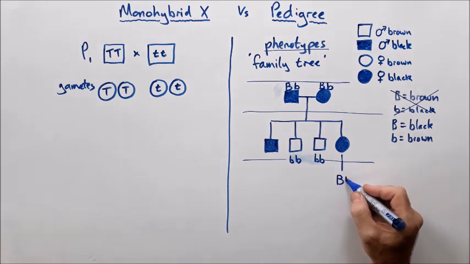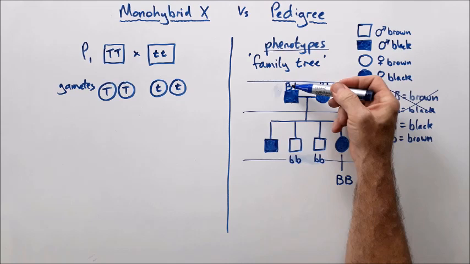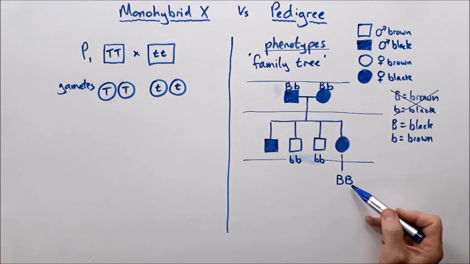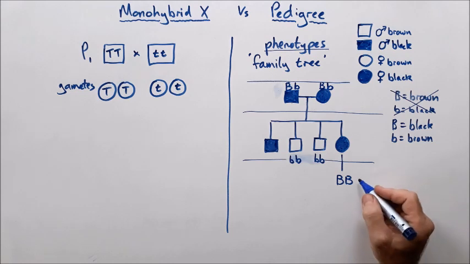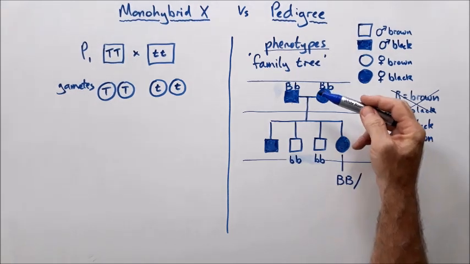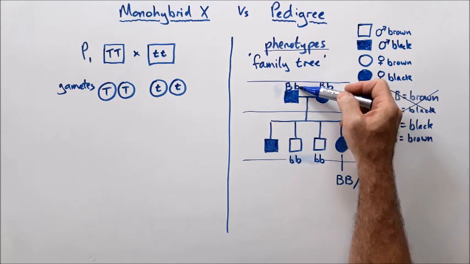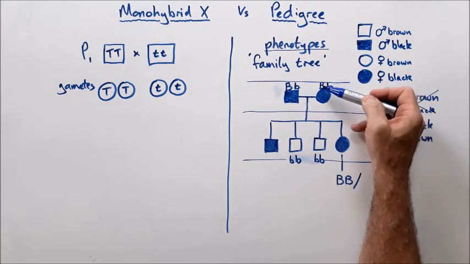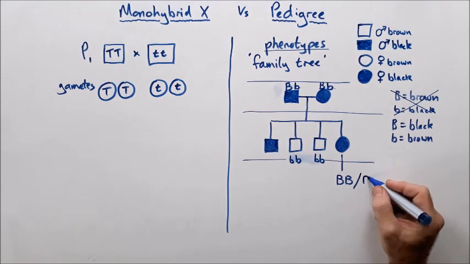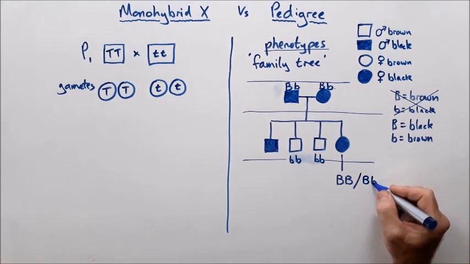That one could be big B, getting a gene from dad and a gene from mom. So she is homozygous black, but she could also be heterozygous. There's nothing to say that she didn't get the small b from dad or the small b from mom and the opposite from the other parent. So she could be big B, small b.